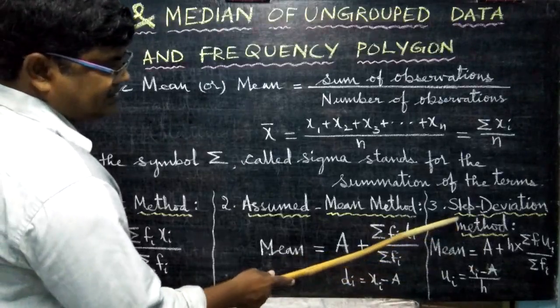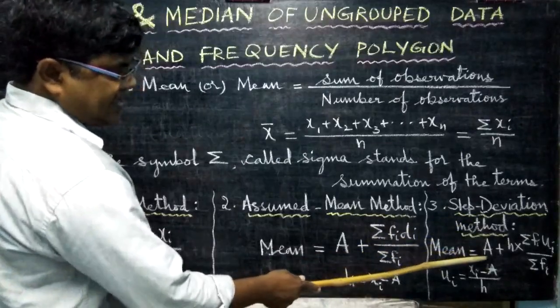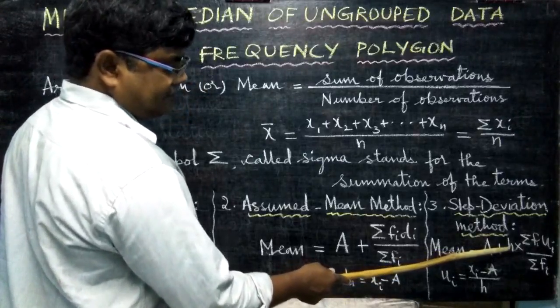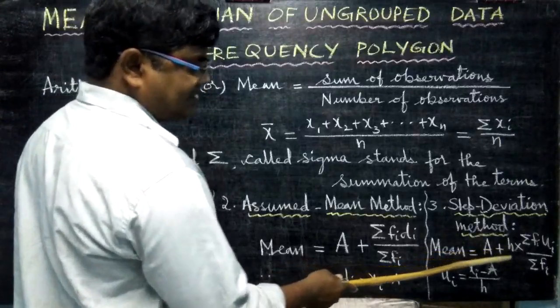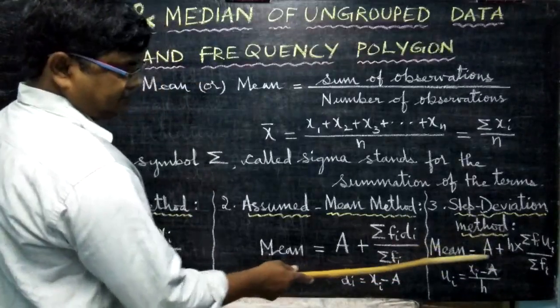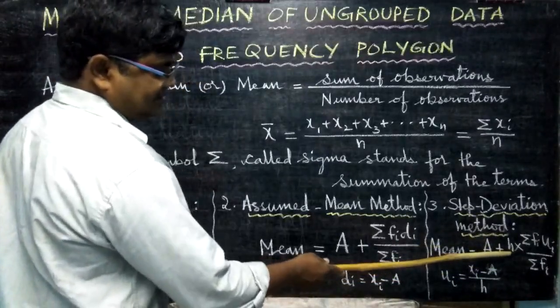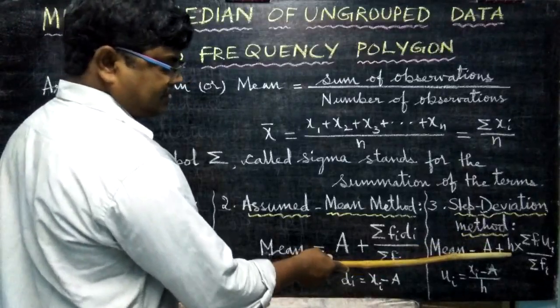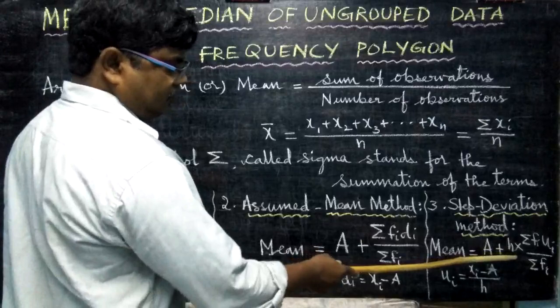And the third method is the step deviation method. A plus h, where h is x2 minus x1, the size of the class. While doing problems, this also you can understand. The class size may sometimes be 10, 5, 2, 3, whatever.